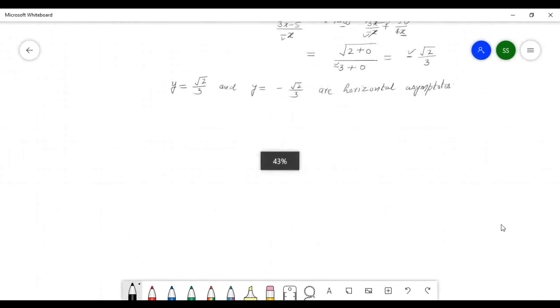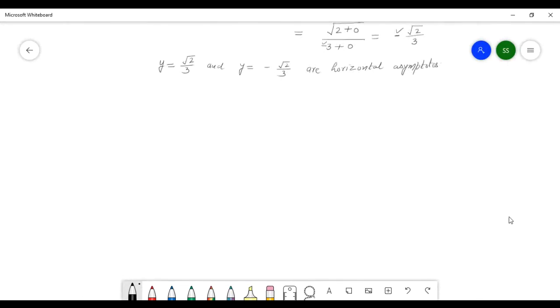Same question: how to find the vertical asymptote? For the vertical asymptote, see the rule.